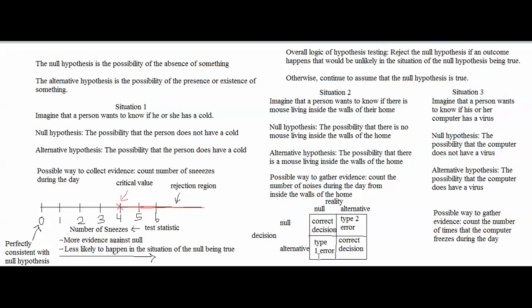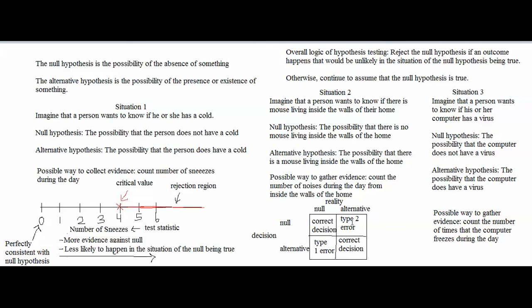And the reason why these two wrong conclusions are made sometimes is simply because the evidence that you gather can sometimes mislead you. Like I said, if somehow 15 random noises come from the walls of my house during the day, that's misleading evidence, meaning that those 15 noises show strong evidence for me to believe that there is a mouse.